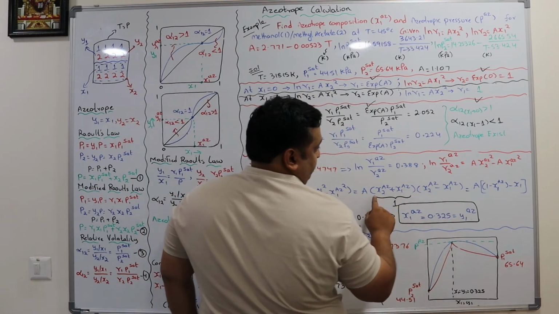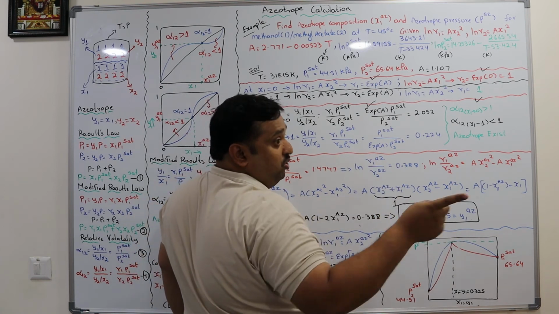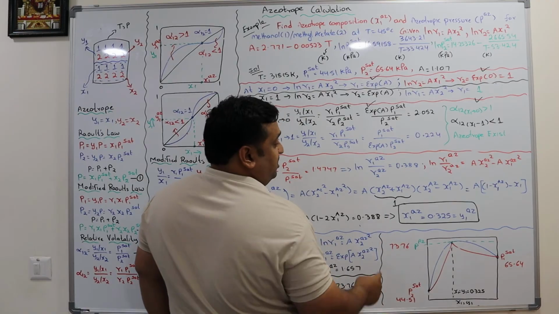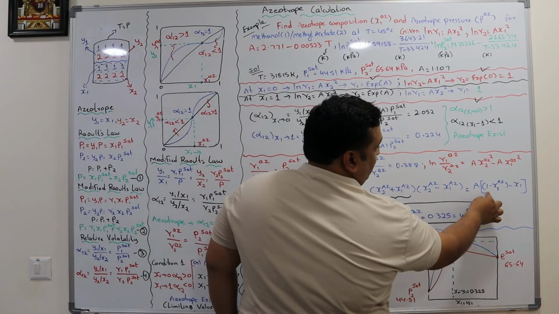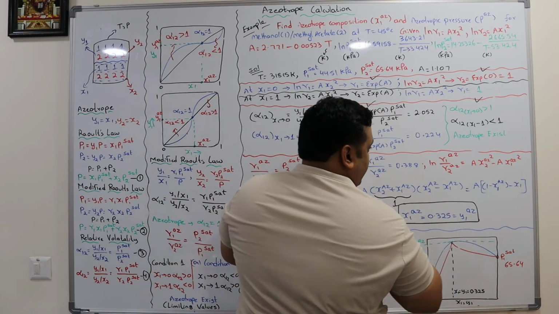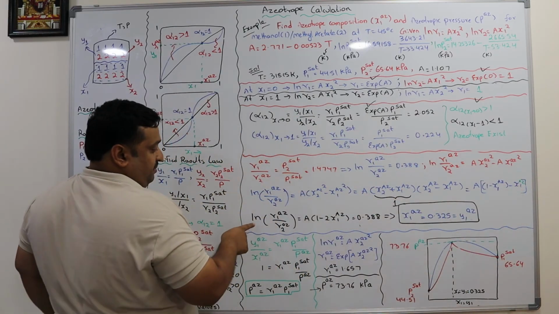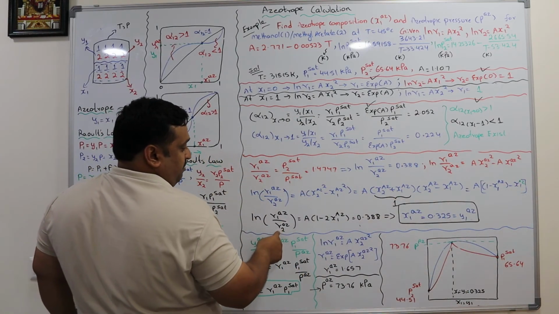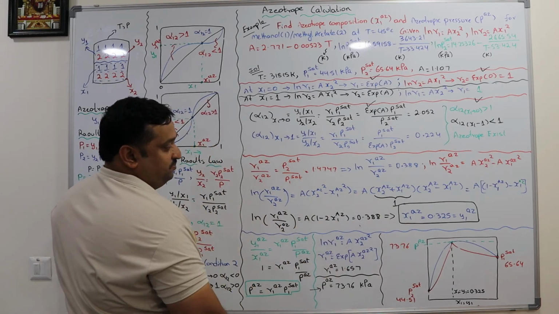At any point of time x1 plus x2 equal to 1 because it's a binary mixture, so this particular term will be equal to 1. The remaining term, x2, is nothing but 1 minus x1. So from that ln(gamma 1 azeotrope / gamma 2 azeotrope) is nothing but A into (1 minus 2 x1 azeotrope).